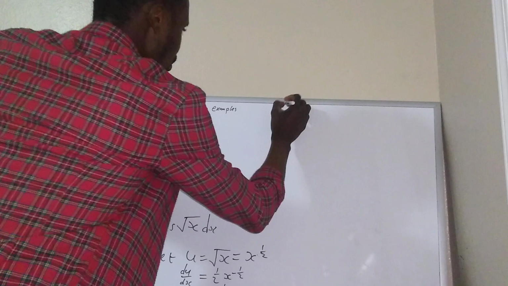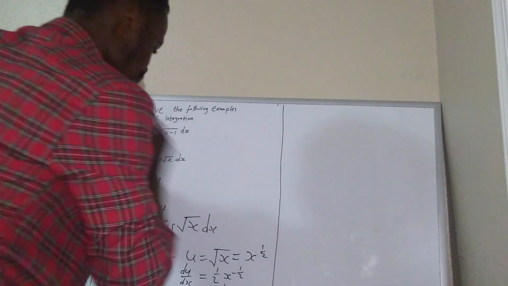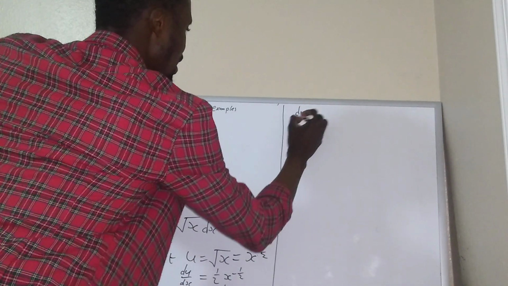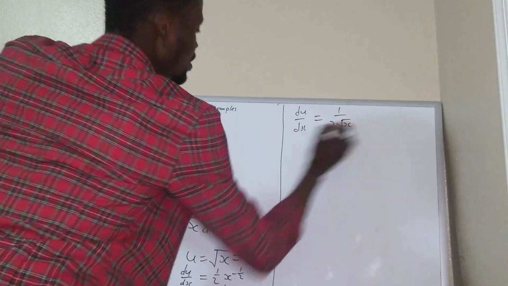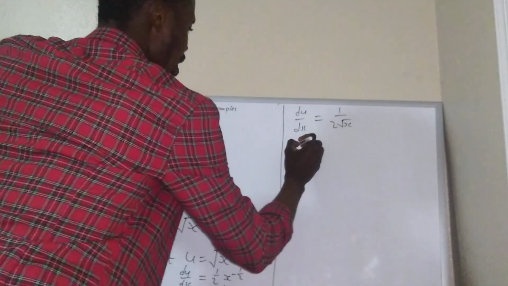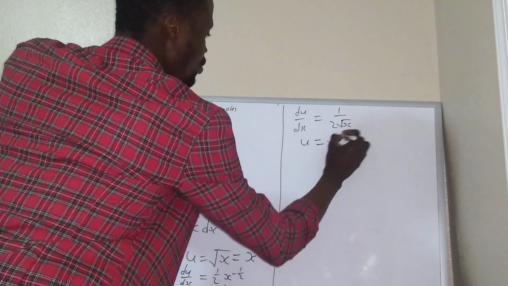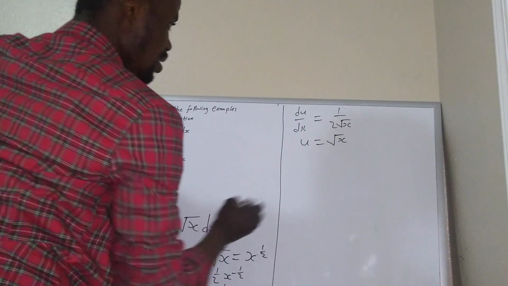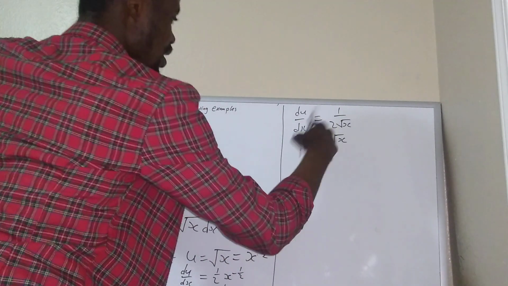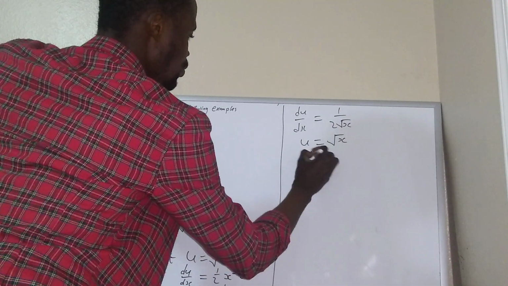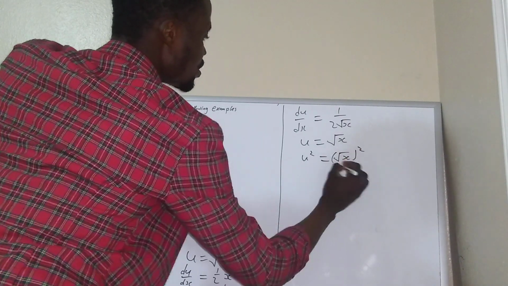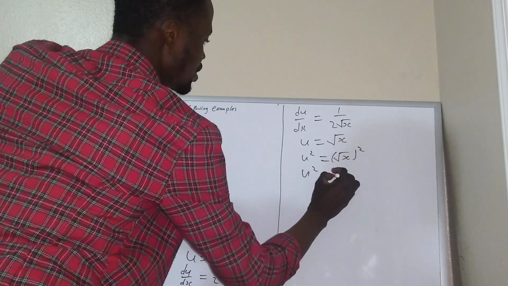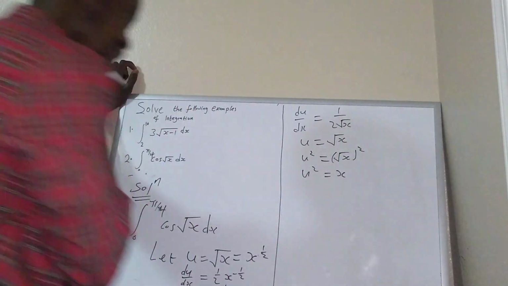So we have du dx, which is equal to 1 on 2 root x. But our u is equal to root x. So if you try to square both sides, you're going to get u square equal to root x, which is the same as this, x.